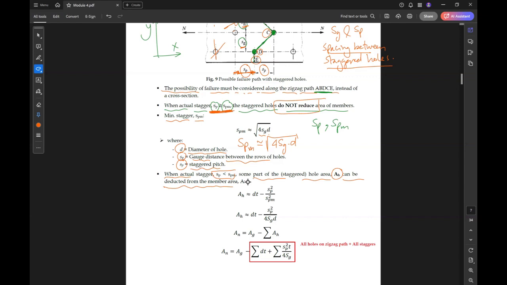So we have two cases. Case 1, s more than s minimum, nothing to do, area equals area gross. Case 2, if s is less than s minimum, we need to reduce the area.